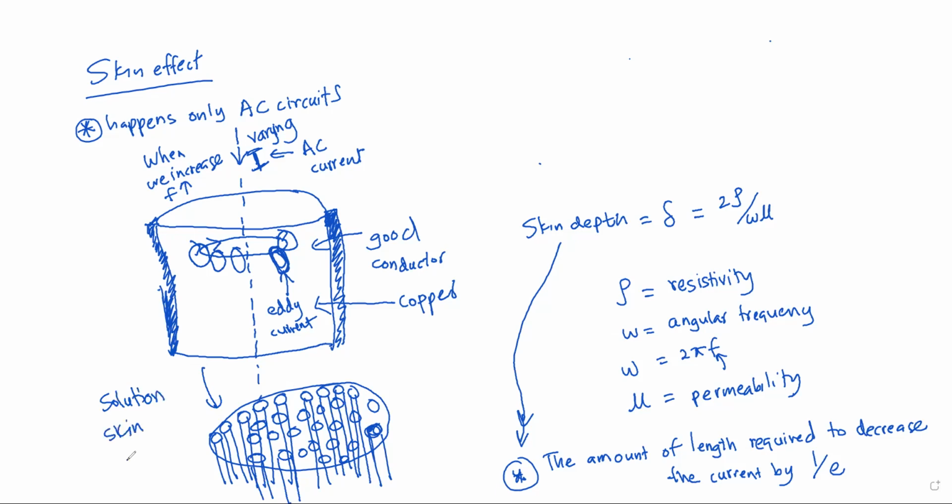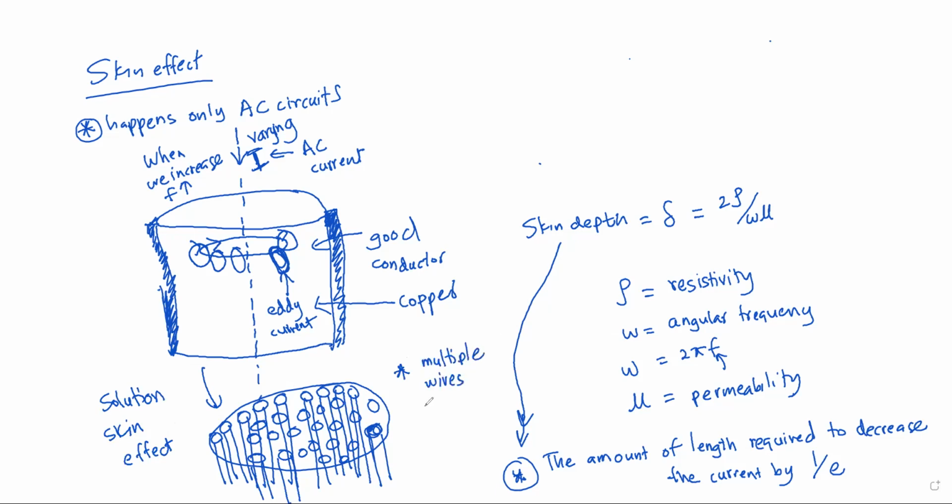So the solution we can have for this skin effect is to use multiple wires with small cross-sectional areas as a combination to conduct the current.